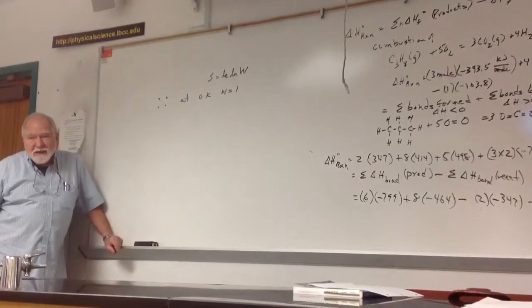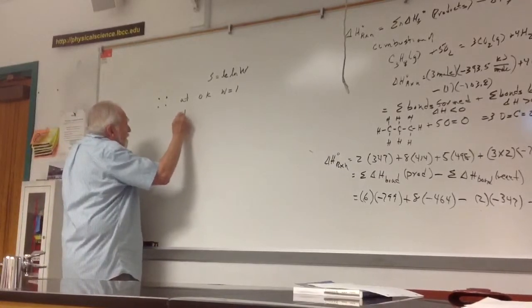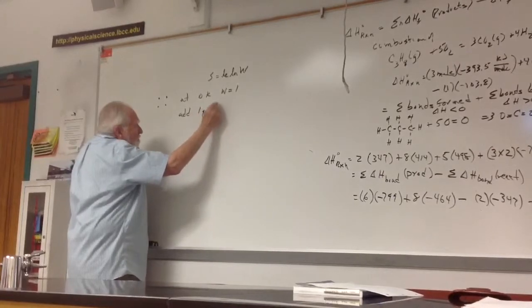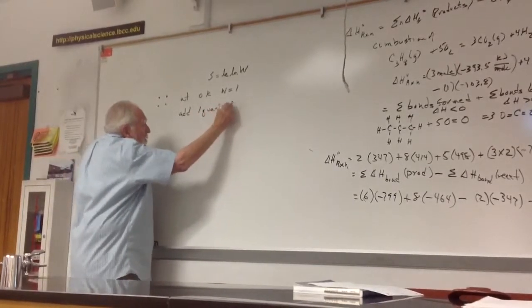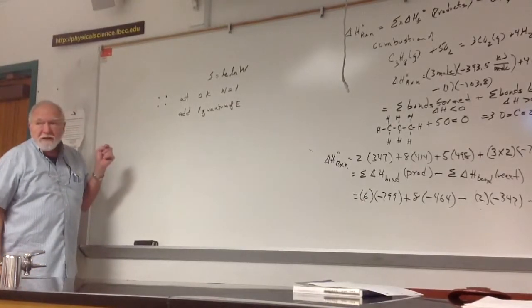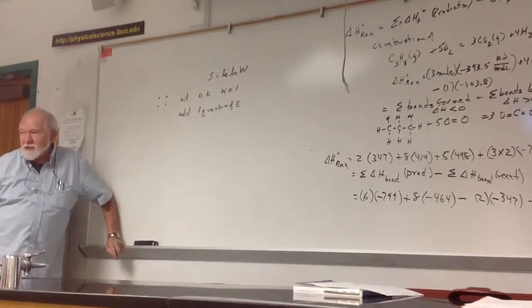But notice the next step up, I'm going to add 1 quantum of energy. Whatever that number is. It's enough to make 1 molecule vibrate. As soon as I add 1 quantum of energy, how many ways are there to arrange that system?